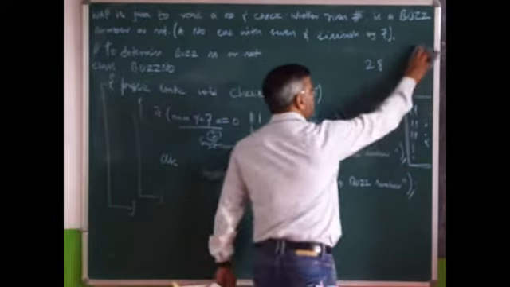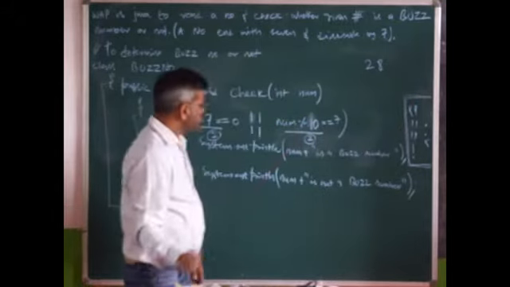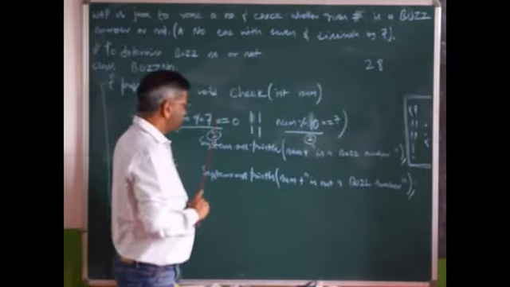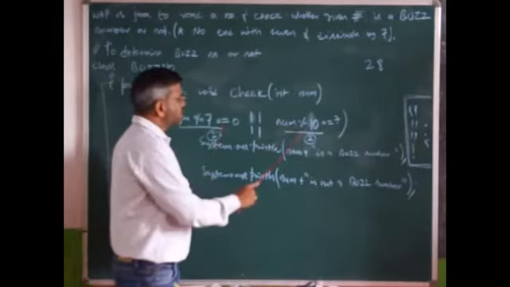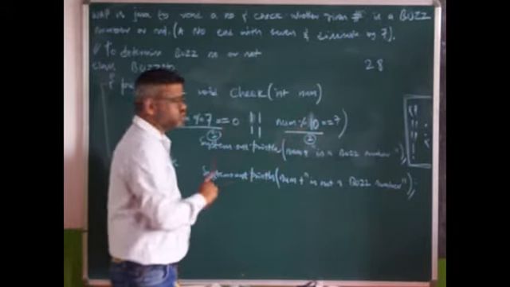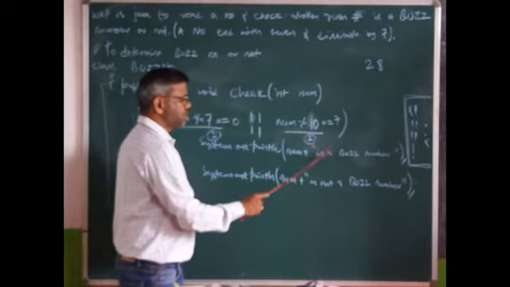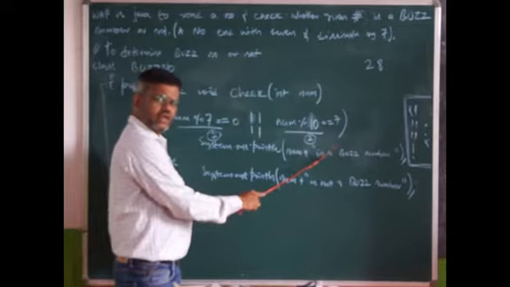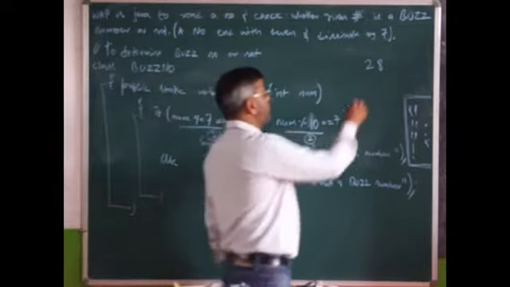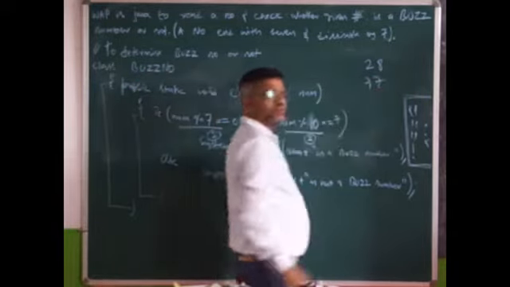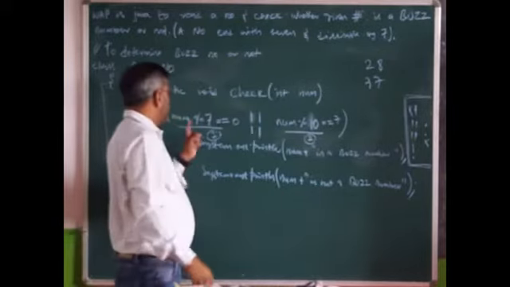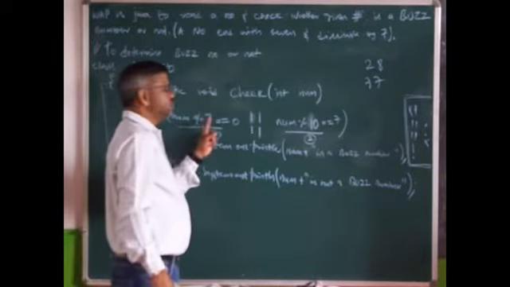What does this OR operator do? If the first condition is true, or the second condition is true, if one of them is true, this job will be done. Right? For example, 77 I give. 77 mod 7.